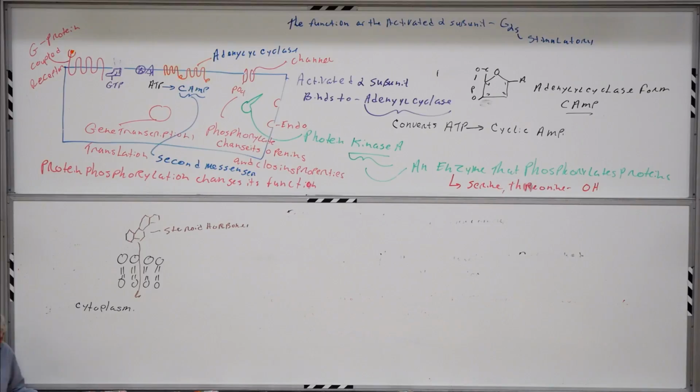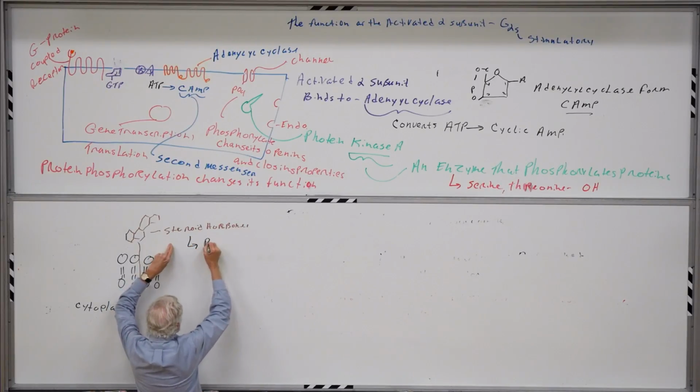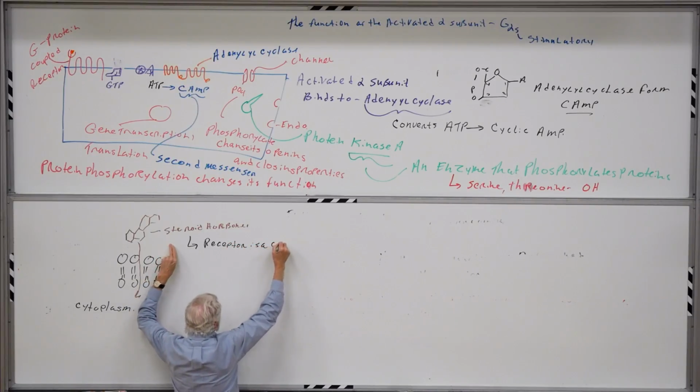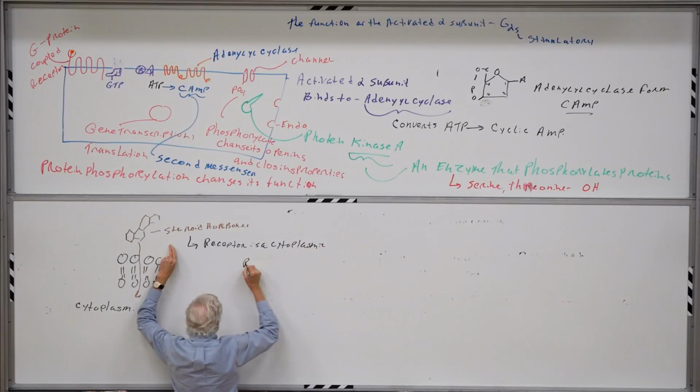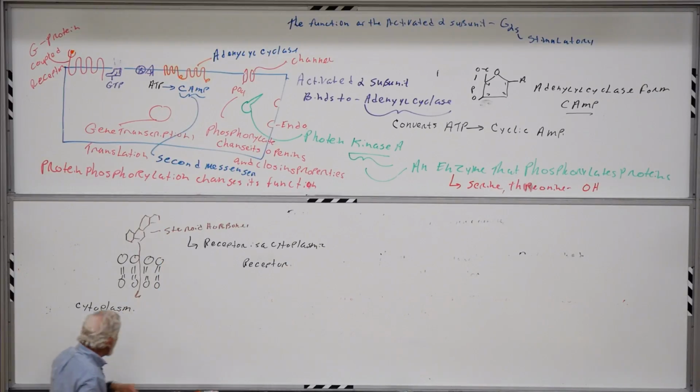But the rule still is the hormone must bind to a receptor. There has to be specific binding between the hormone and its appropriate receptor. It's just in this case, for these steroid hormones and also for the thyroid hormones, the receptor is a cytoplasmic receptor. In contrast to the transmembrane protein we have above, this is a cytoplasmic receptor.